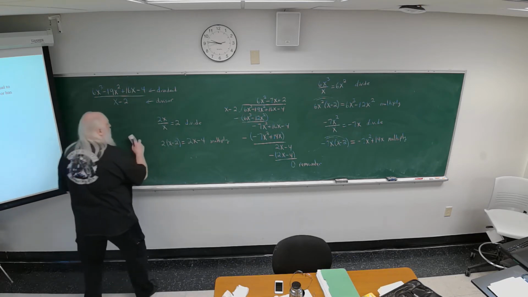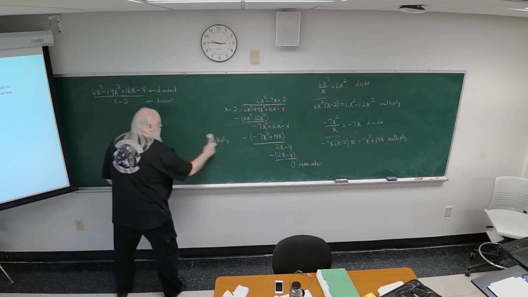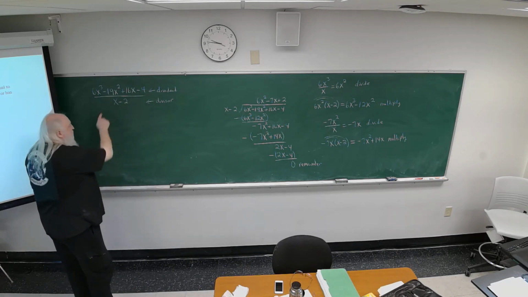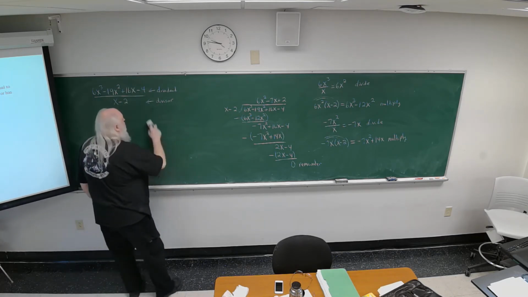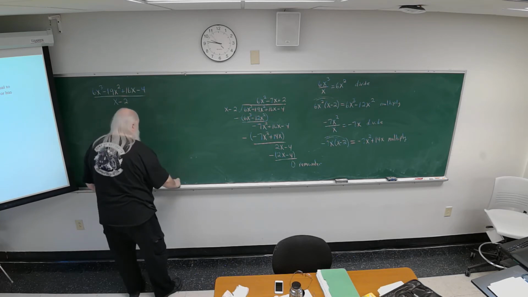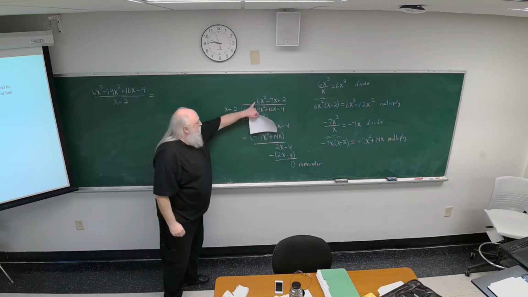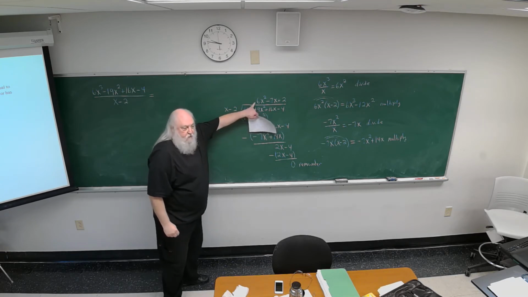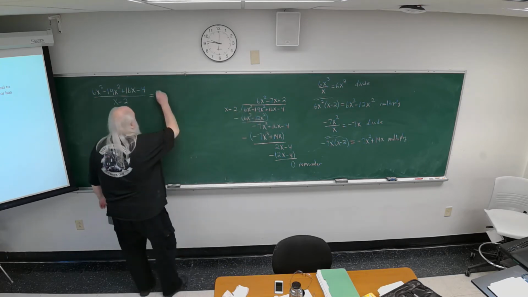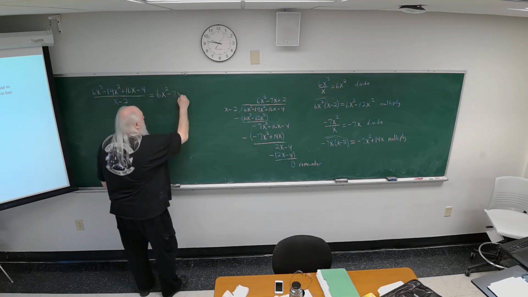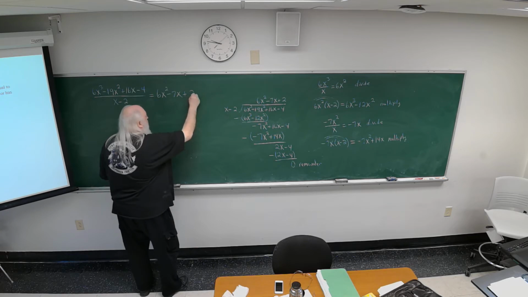So what have we learned? Well, this quotient is equal to our quotient from the long division. It's equal to 6x squared minus 7x plus 2.